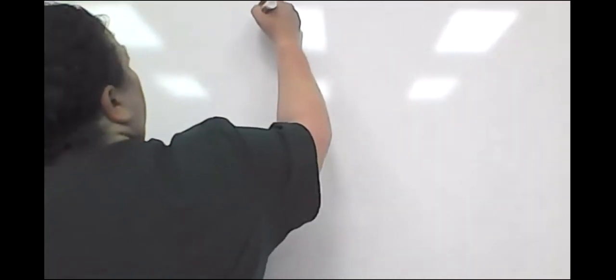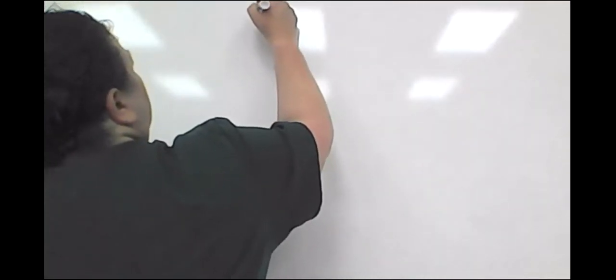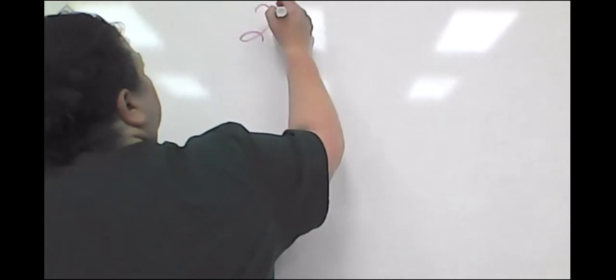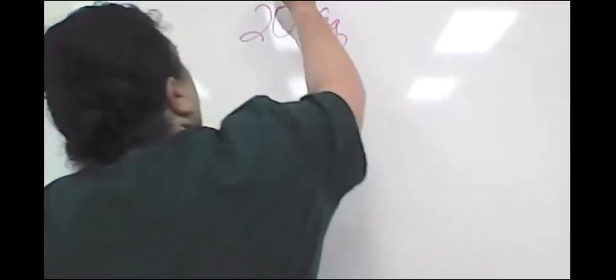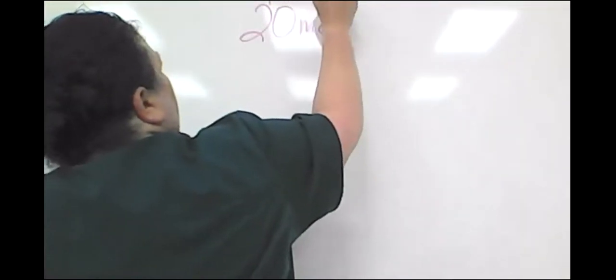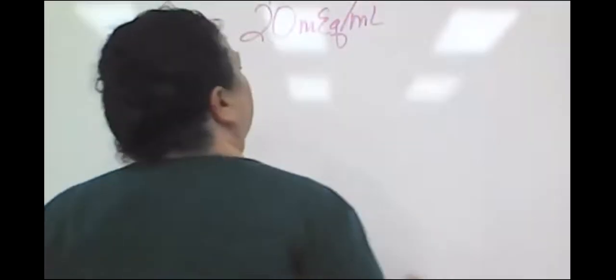Let's do another example. Let's say we have an item in stock that is 20 milliequivalents. That's what we have. But our RX, that's per milliliter.